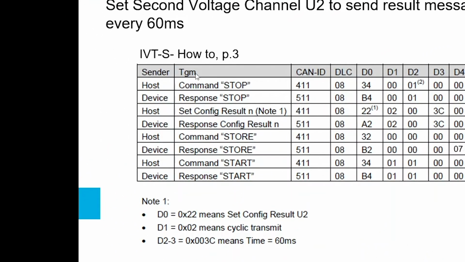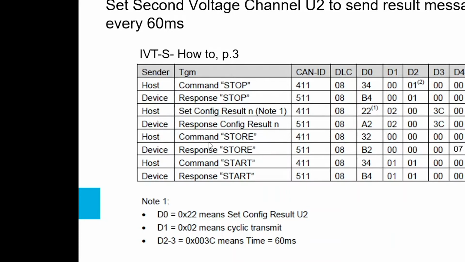First, we will have to send a command stop message to set the module into stop mode. The module will respond with a response stop message. Then we will have to send the crucial config result message to the module to set the parameters defined above. The module will respond with a response config result message.